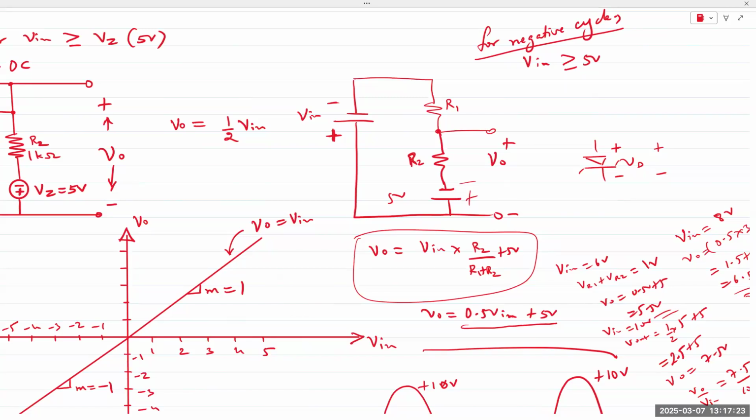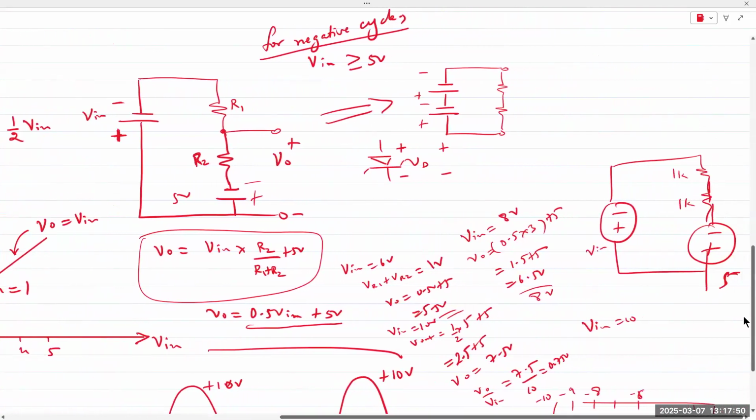So now if we look at R1 and R2, and I redraw the circuit, what do R1 and R2 see? They see V in and they see VZ applied in series. R1 and R2 applied in series.